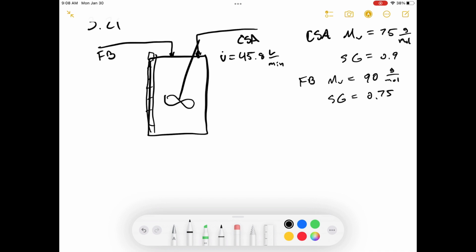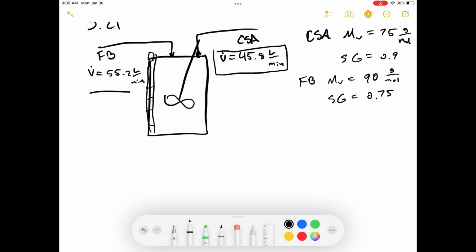Oh, and we know that she set the flow rate of FB at 55.2 because that's what she thought the flow rate should be. So this is the one we know was running, but this is the one that she set afterward. And then we're trying to figure out if this is the right flow rate she should have been running.